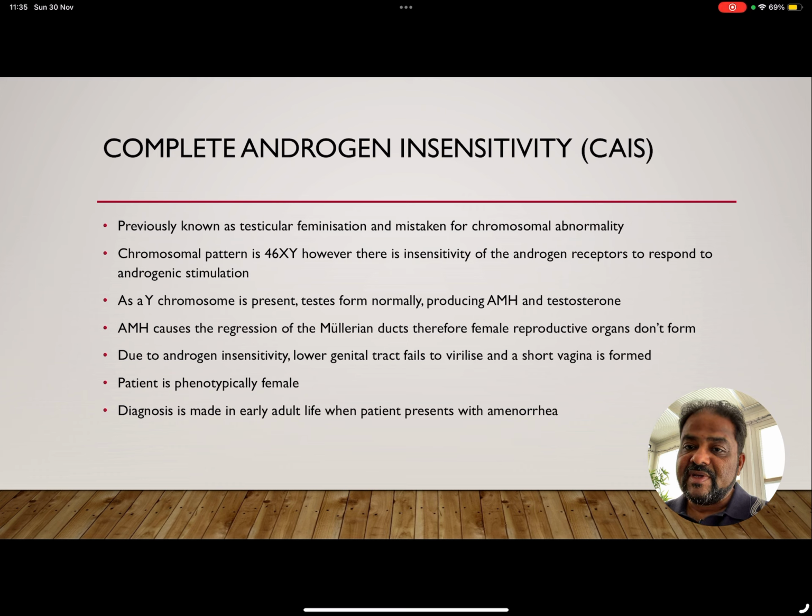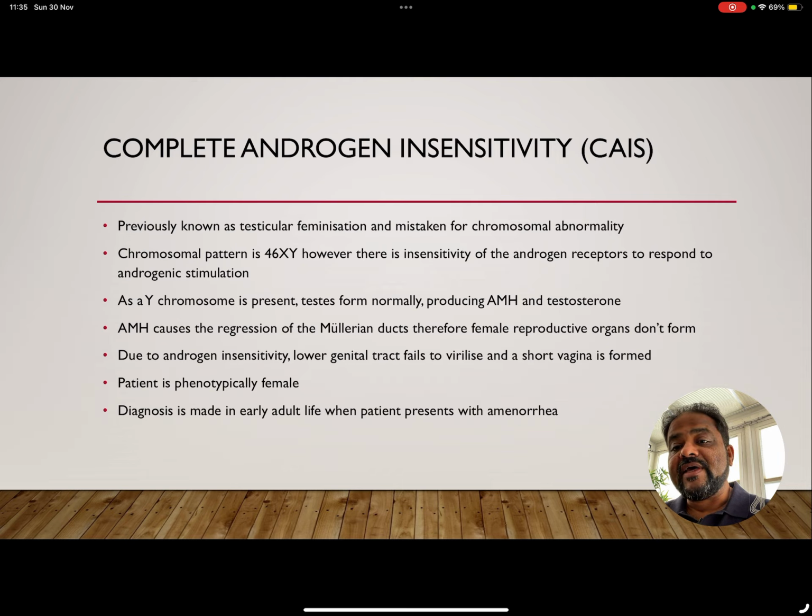If you remember from embryology, the embryo's default setting is female, and when the Y chromosome is present, because of the sex determining region of Y, the male phenotype will develop.